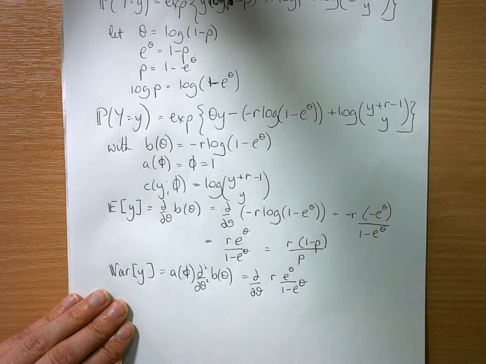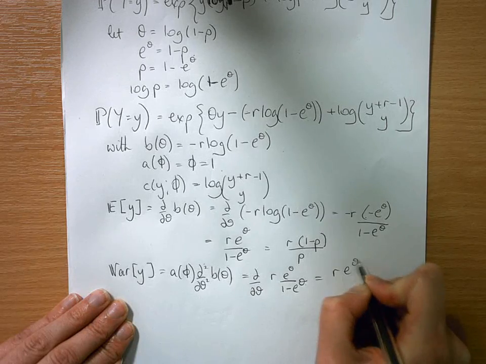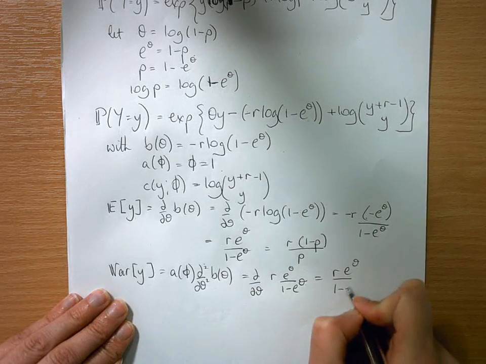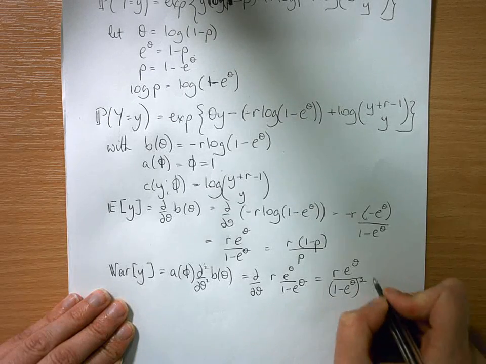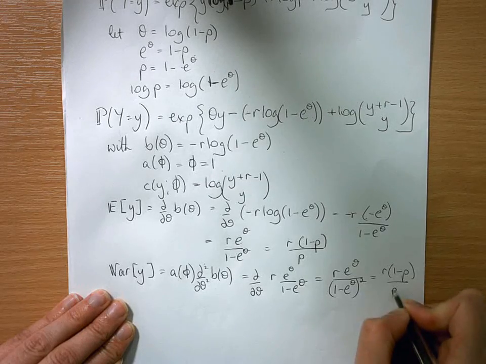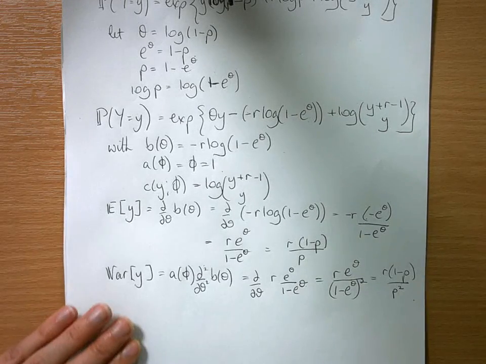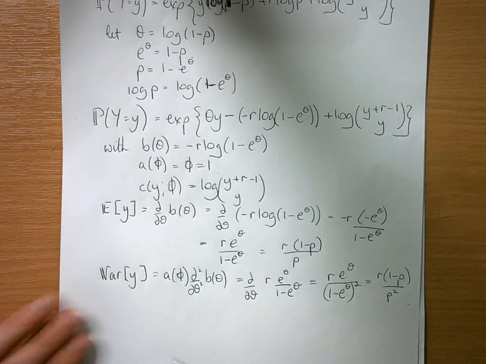The basic application of the quotient rule here will give you r e to the theta over (1 - e to the theta) squared, which is r(1 - p) over p squared, which matches with what you're expecting. It remains to show then the canonical link.